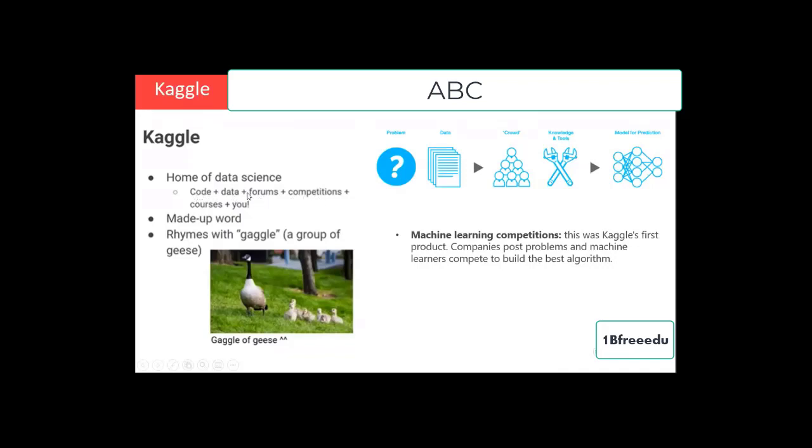If you give a good solution, you're going to win a competition. Courses, free courses available, and you. It's a made up word, if anybody is wondering. It rhymes with gaggle, a group of geese.